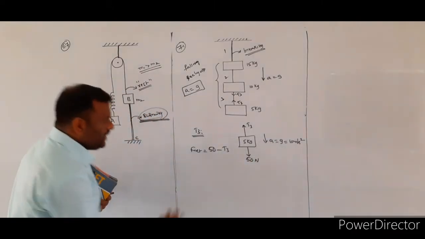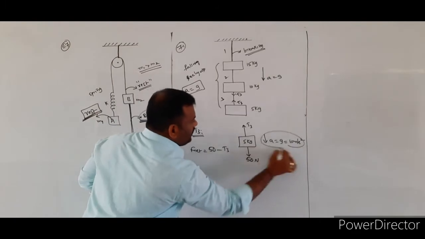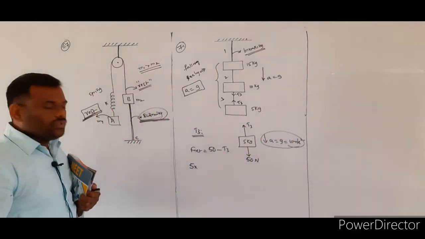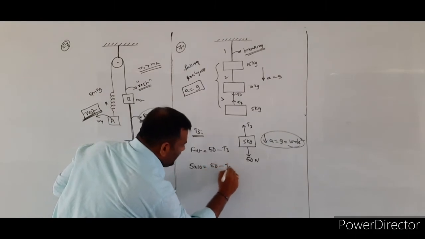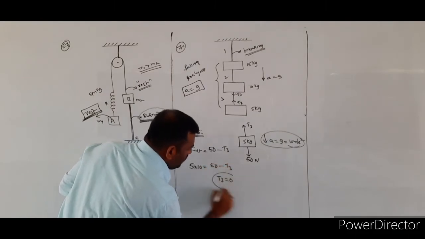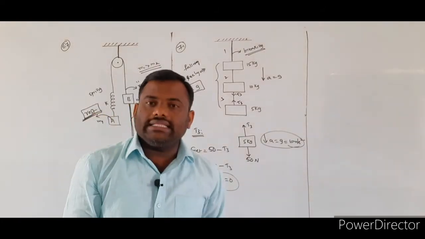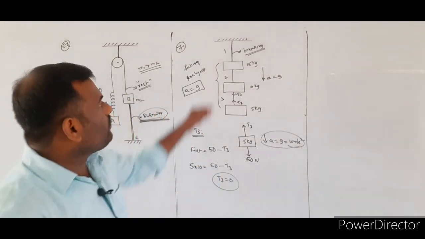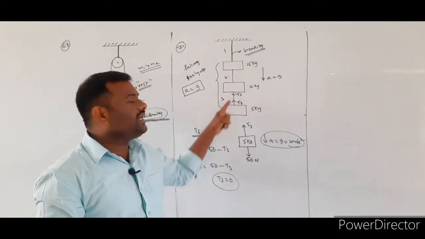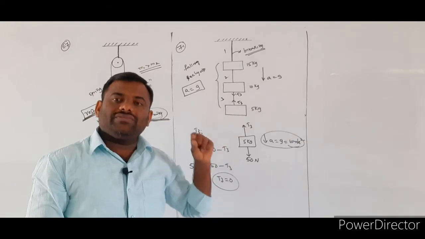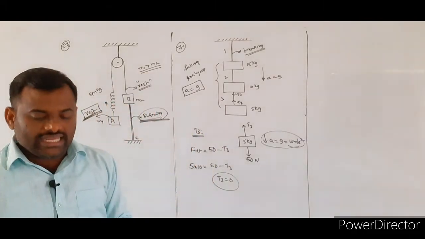The mass is 5, and the acceleration equals the acceleration due to gravity, which is 10. So 50 minus T3 equals 50, and you get T3 equal to 0. Whenever the system is falling downwards freely, the tension developed in the string is 0. So this is numerical number 71.